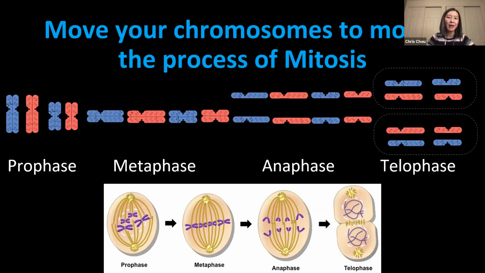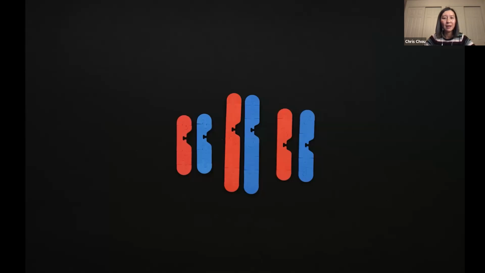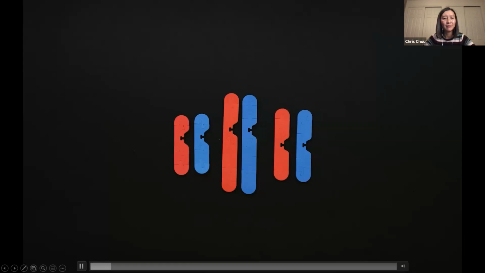And also, add in markers or other materials so that students can demonstrate what happens with the nuclear envelope, how it will disappear, degrade, and then reappear during telophase. So hopefully you've shown each of these phases on your desk at home. And then the next slide is going to show you an animation of that happening.